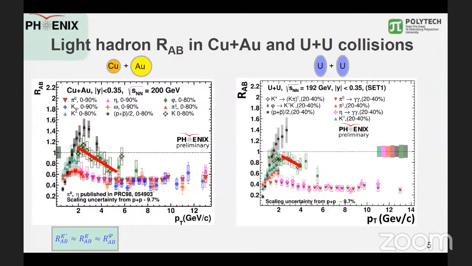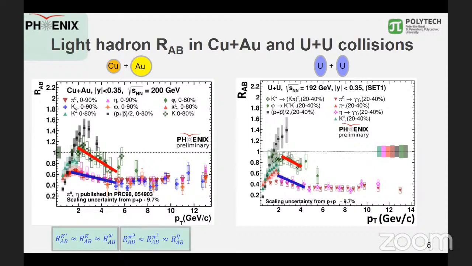The next pattern in the picture of light hadron R_AB in copper-gold and uranium collisions is a coincidence of nuclear modification factors of mesons which contain strange quarks, such as K star, charged K, and phi mesons. They are presented in the figures with green color.